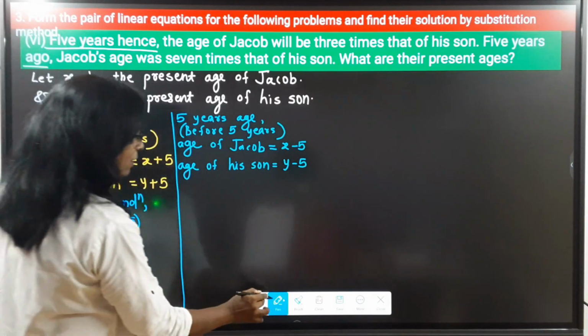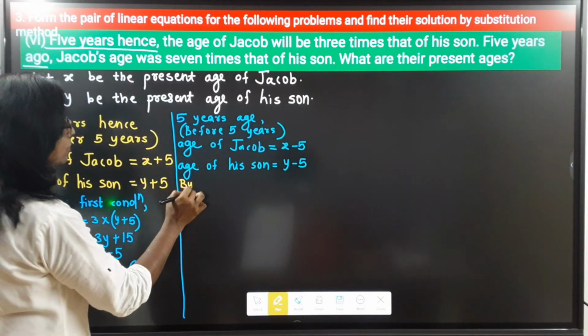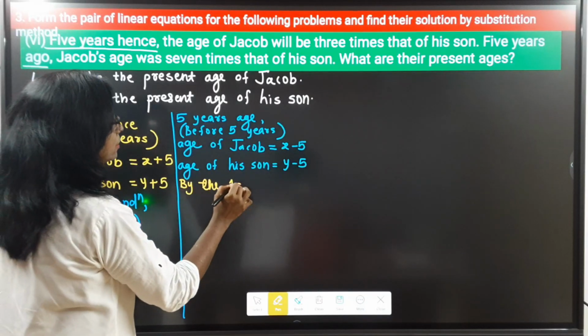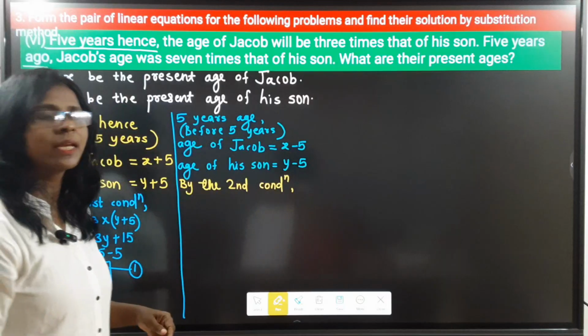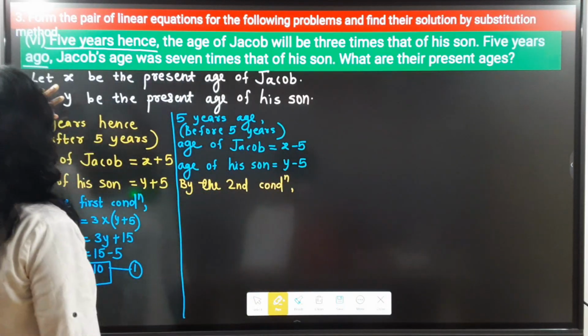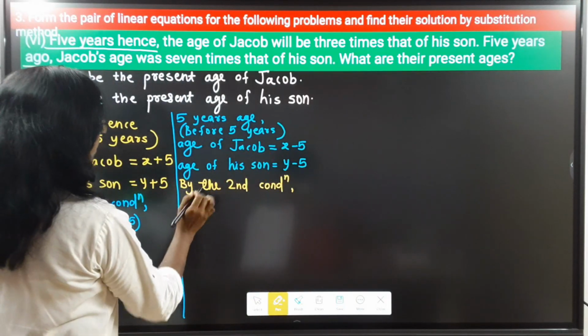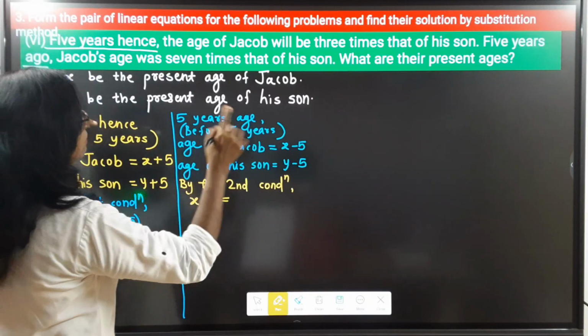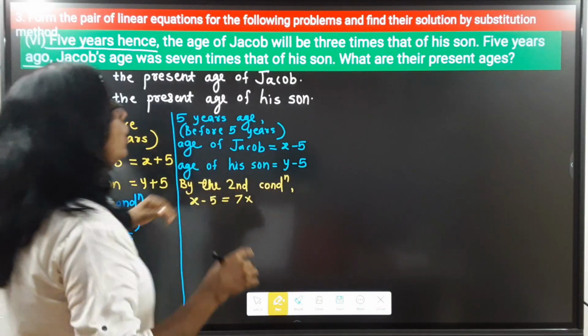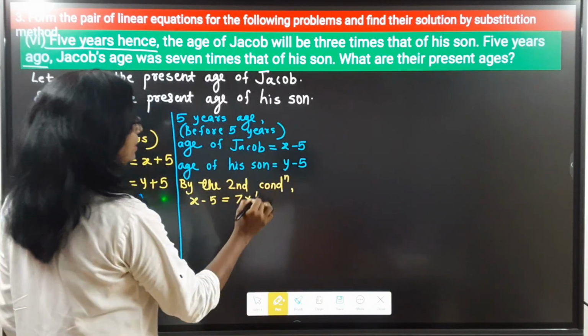Then I mention here by the second condition. So what is the second condition, students? 5 years ago, Jacob's age x minus 5. So I write here without bracket, Jacob's age was 7 times that of his son, whose age will be y minus 5.